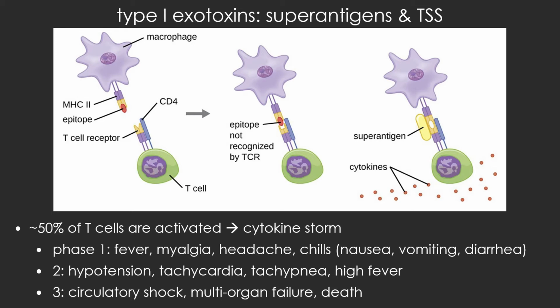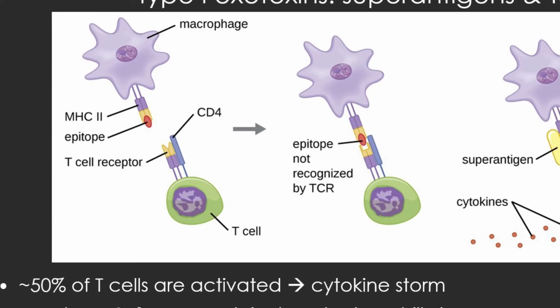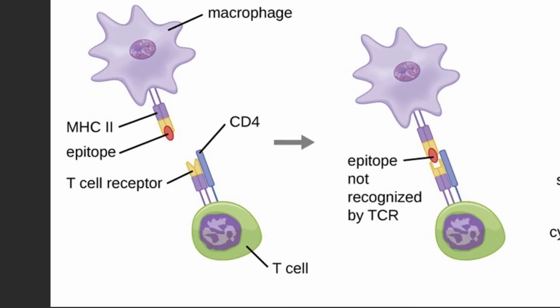So here in the diagram you see a T cell who's coming in to see his antigen presenting cell, right? This is a CD4 positive T cell, which means he's a helper T cell. He's looking at this antigen presenting cell who's presenting an antigen to him which he would not normally recognize because that's not his antigen.